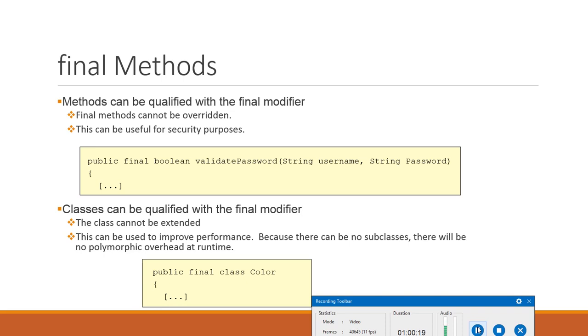All methods and variables can be overridden by default in subclasses. Now, if we wish to prevent a subclass from overriding the members of the superclass, we can declare them final.